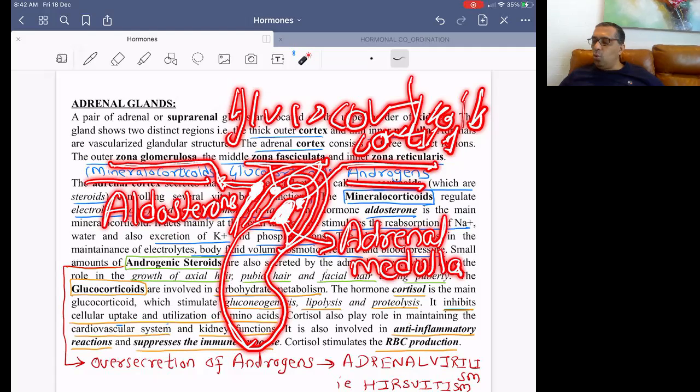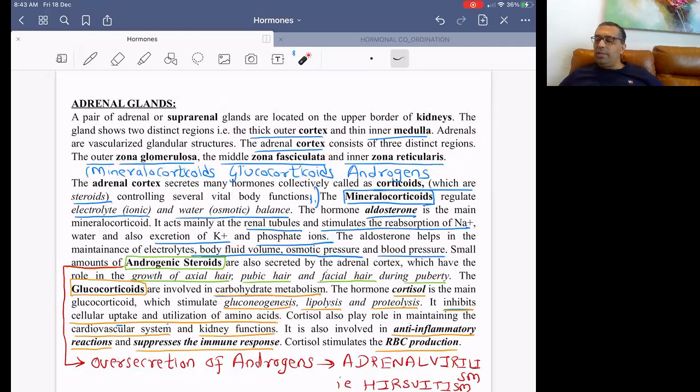Then we have the zona fasciculata, which gives out glucocorticoids, that is cortisol, and the inner zona reticularis, which gives out androgens, and then we have the entire logistics.